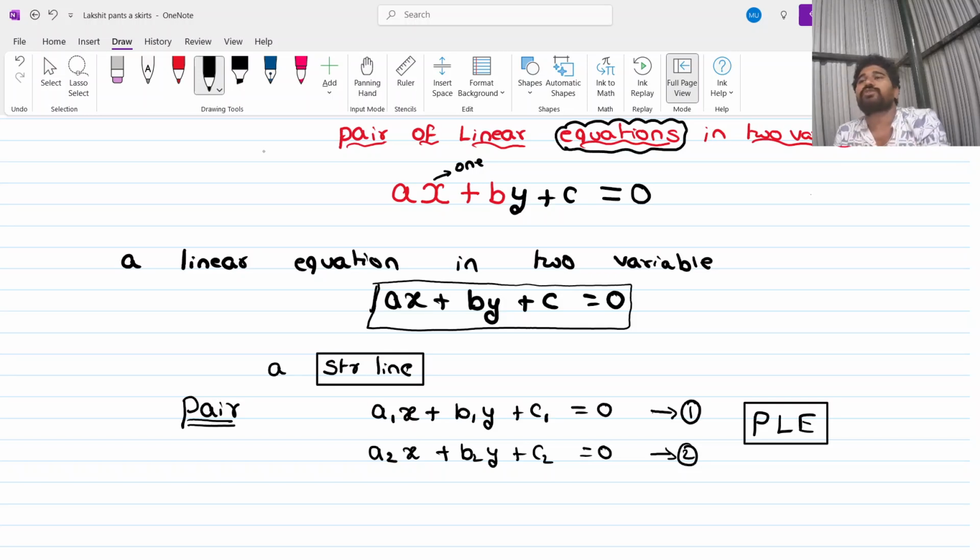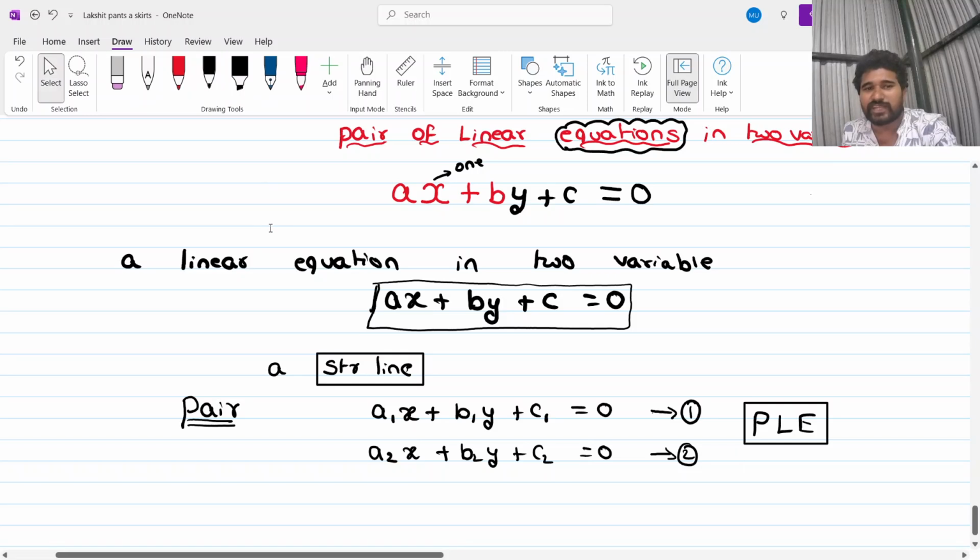Clear? When I ask you to take two general equations of a pair of linear equations, what will you write? a1x plus b1y plus c1 equal to 0, and a2x plus b2y plus c2 equal to 0. Can you tell me some equations like that?